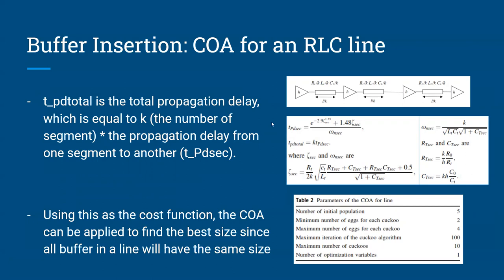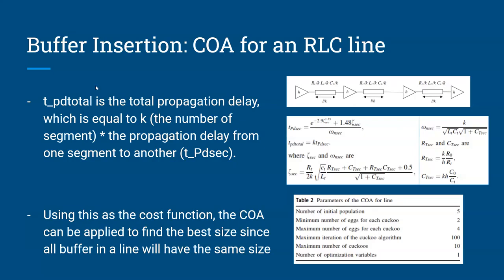And you can see the first picture, on the top here, there's a line, and there are many buffers that are triangles. They're inserted in between in order to raise the signal voltage to an appropriate level and to reduce the propagation delay.